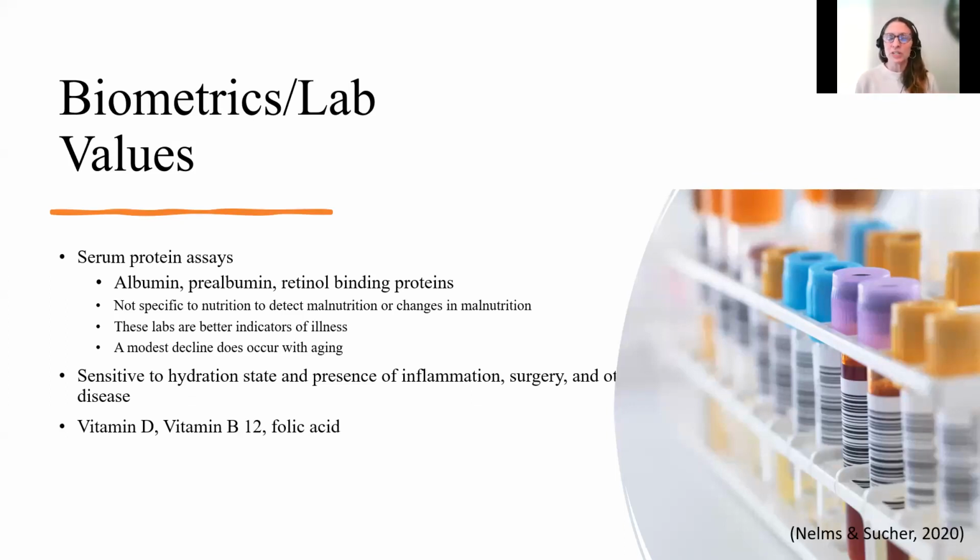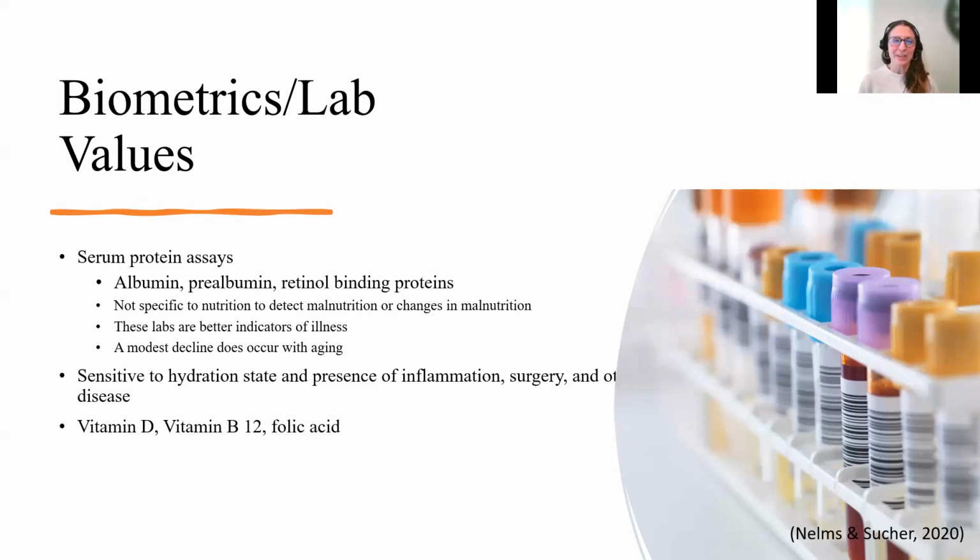So instead of using these lab values, that's why we're looking at things like appetite, weight loss, muscle stores, fat stores, and so forth. And we still can look at lab values for nutrition needs. Some of the common lab values that are run in geriatric patients are vitamin D. I'd say it's a pretty safe vitamin, hard to overdose on. Everyone who lives in this area, at least in the wintertime, should be taking vitamin D, or almost everyone.